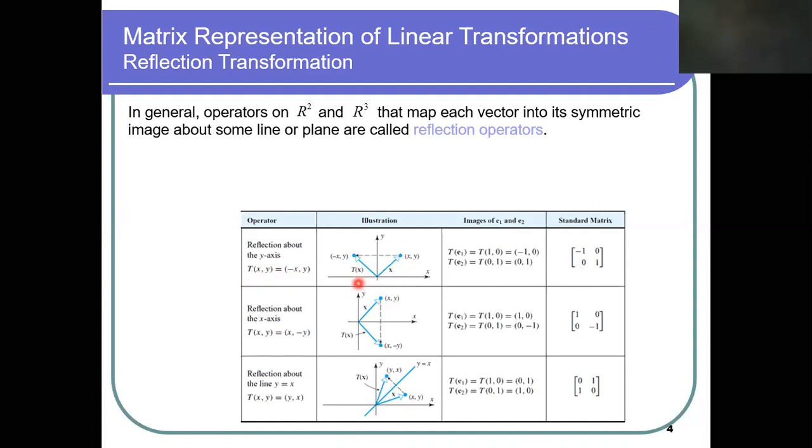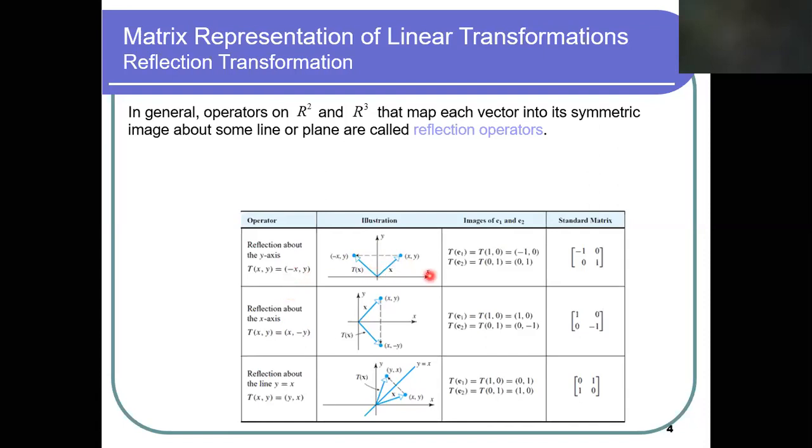If you apply T on that x, which is a column vector in two-dimensional space consisting of two elements, you will get this element, (minus x, y). So this is basically the reflection of this point about the y-axis.